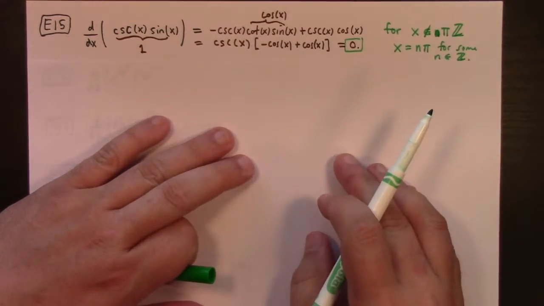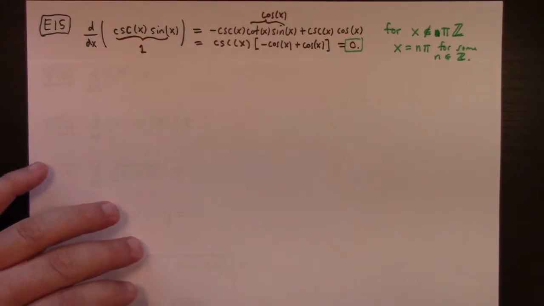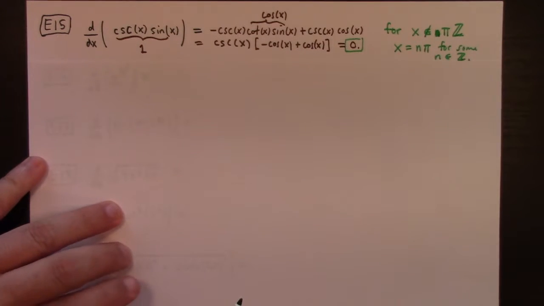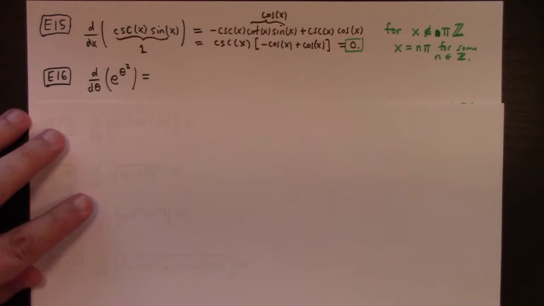This isn't even defined there because the cosecant function has divergence. It's not defined at integer multiples of pi because it's 1 over sine, right? Division by 0 there. All right, moving on.